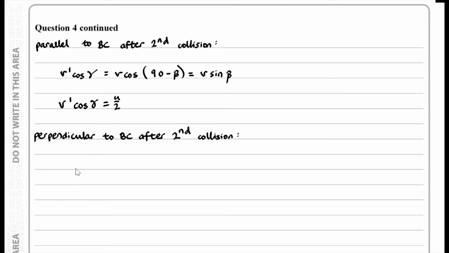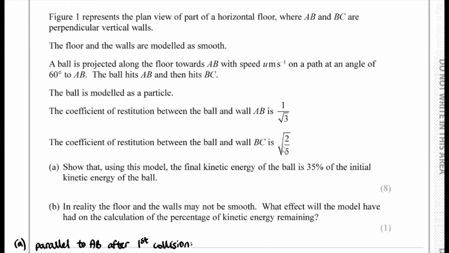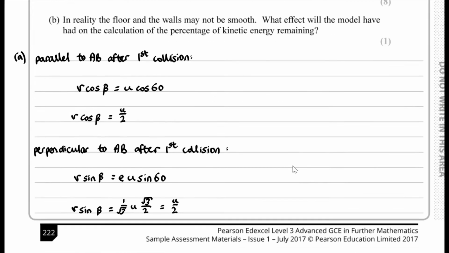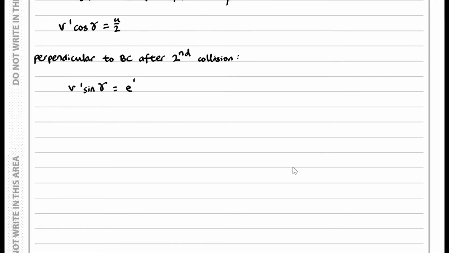you'd find over here we have V dash sine gamma, and this is equal to E dash, where E dash over here is equal to this thing over here, the square root of 2 over 5. And we multiply this by V sine of 90 minus beta.